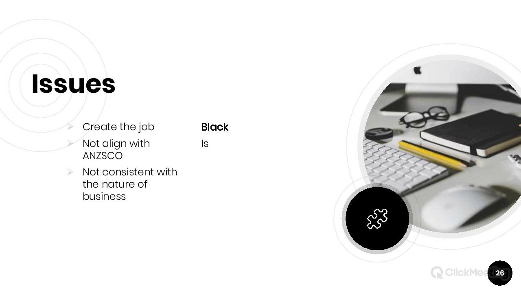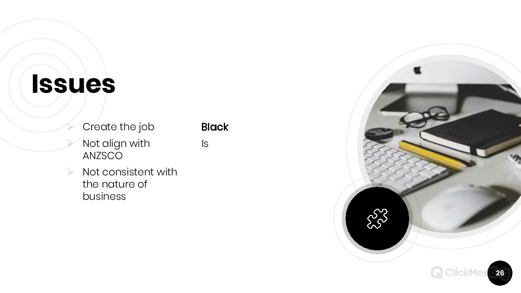The second nomination refusal will be mainly, as I just discussed, that the position itself is not aligned with the ANZSCO code. The third one will be that the position itself is not consistent with the nature of the business.